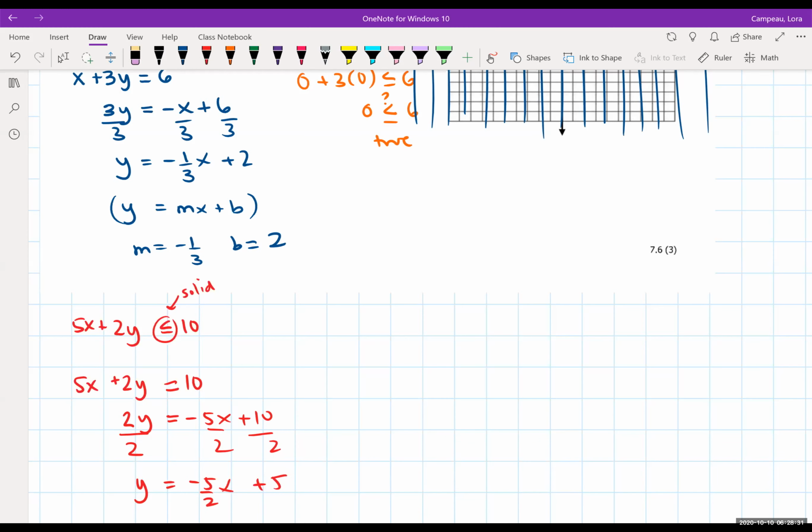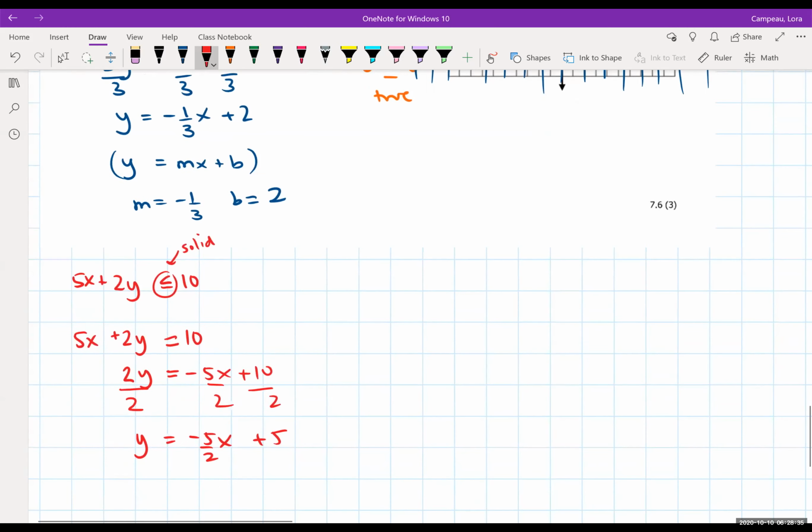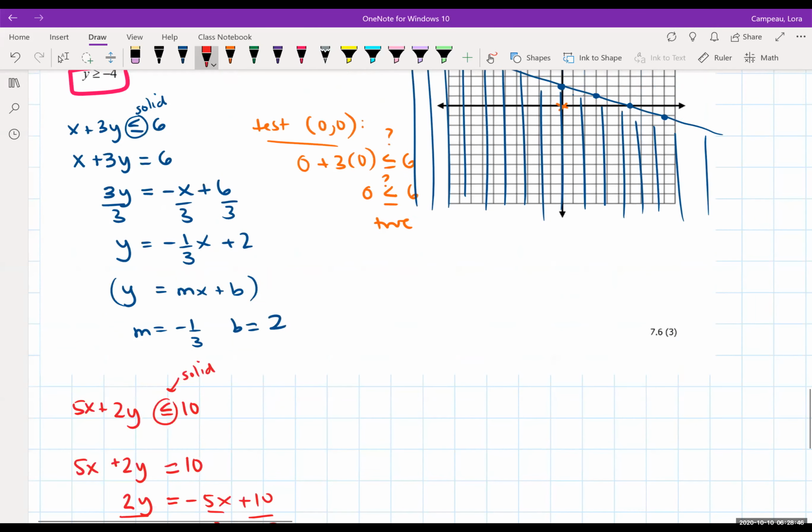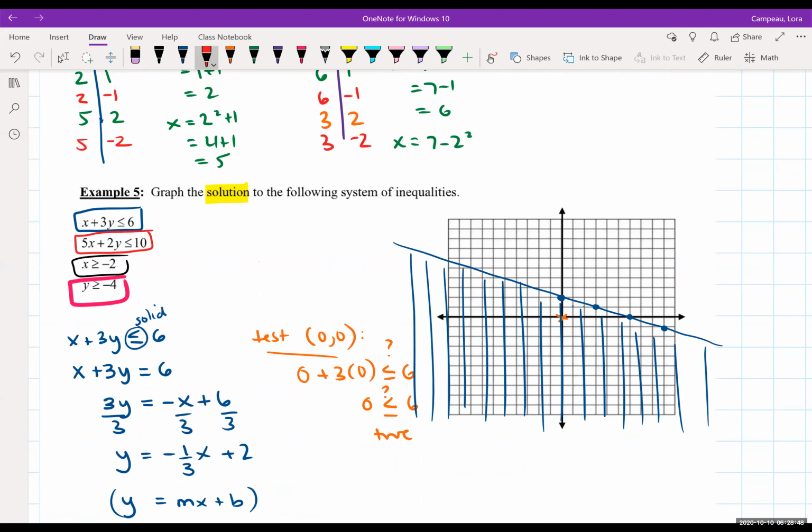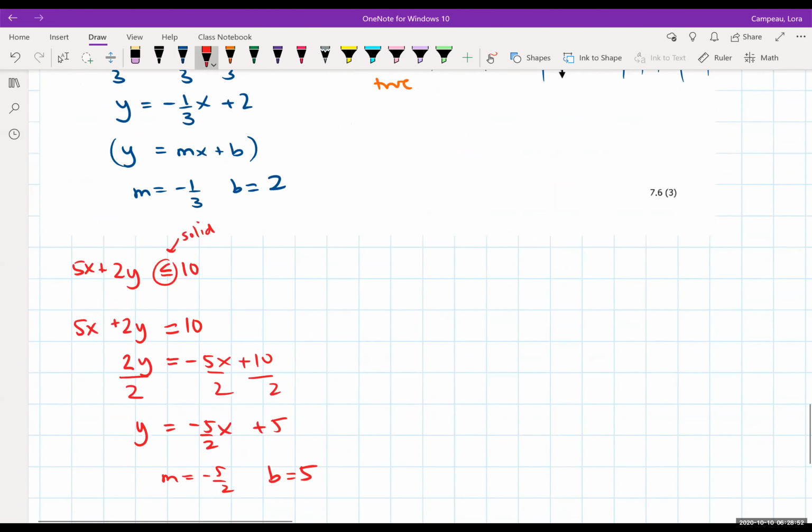So if we're going to graph it, our slope is negative 5 halves, and our y-intercept is at 0, 5. So we'll start at 5. 1, 2, 3, 4, 5. There's our y-intercept. And we'll be going down 5 and right 2.